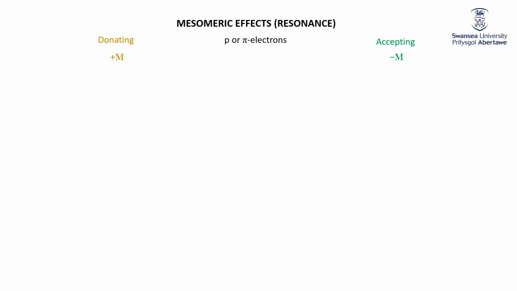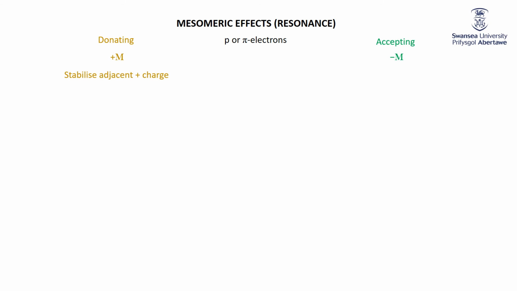When it's a donation, we're saying that this mesomeric effect is giving electron density into the ring, and so that's a positive. And when it's accepting or trying to remove pi electron density from the ring, we say it's got a negative mesomeric effect. Now generally, positive mesomeric effects can stabilize a positive charge because they're sharing some of that electron density. And we saw the use of resonance to explain spreading that positive charge out around the ring in the previous slide.